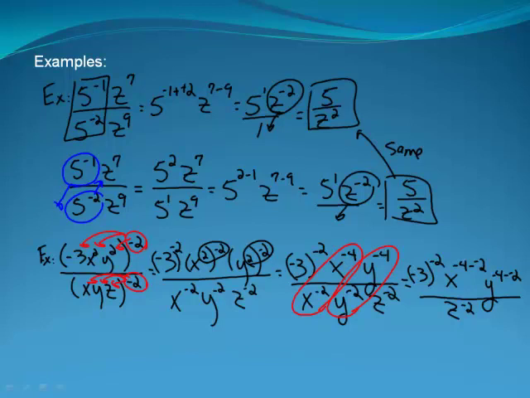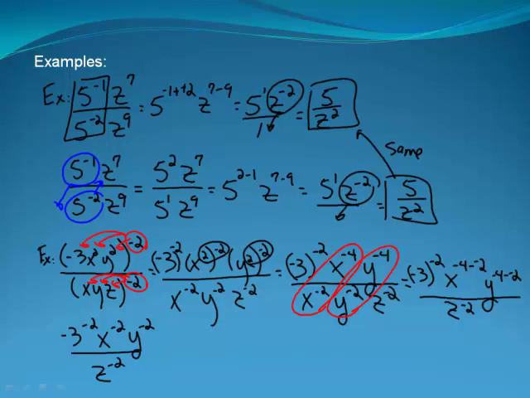All right, so let's do that subtraction. We've got -3 to the -2 times x to the -4 minus a negative, which is the same as adding 2. So -4 plus 2 leaves you with -2. Y, same numbers, so you're going to get the same value there, divided by z to the -2.